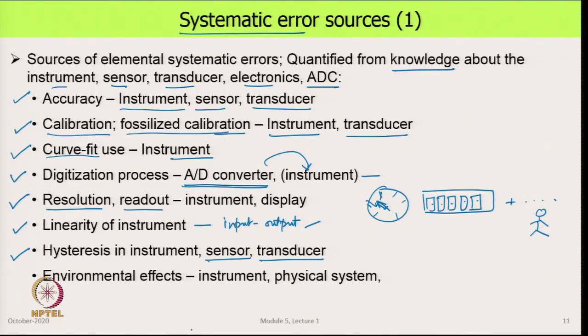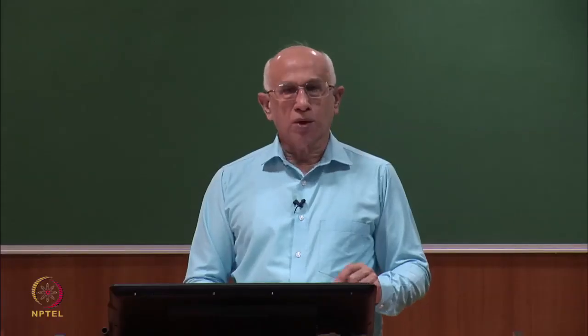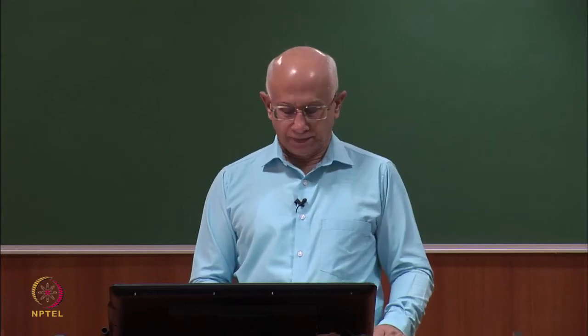A strain gauge is a good example of that, where when you slightly strain it, that means you have deformed it a little bit, its resistance changes, which is what you detect and interpret as the value of the strain, and then from there you get other numbers. So, these types of devices are subject to hysteresis, and we need to do a lot of experiments and establish how much is the error that is caused by hysteresis in the sensor.